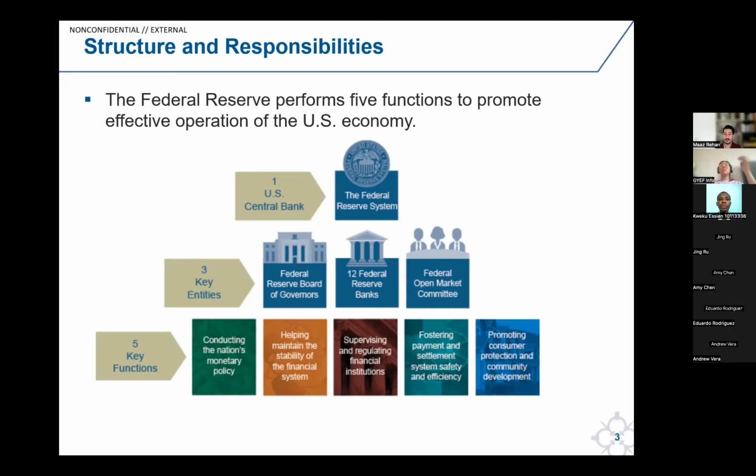The Federal Reserve promotes the safety and soundness of individual financial institutions and monitors their impact on the financial system as a whole. So maybe to pause there, if someone wants to give a recent example of what we may have seen in the US economy that can be correlated to these two key functions.